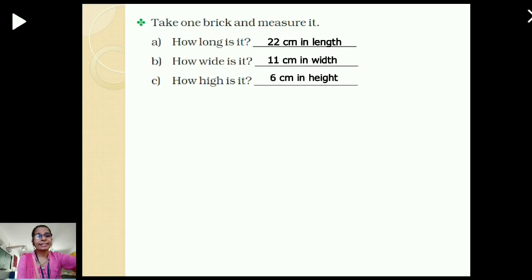High means height. I found the height as 6 centimeter. These are the length, width and height which I took before this activity and have written down. You might get it as 21.67, nearby to this.